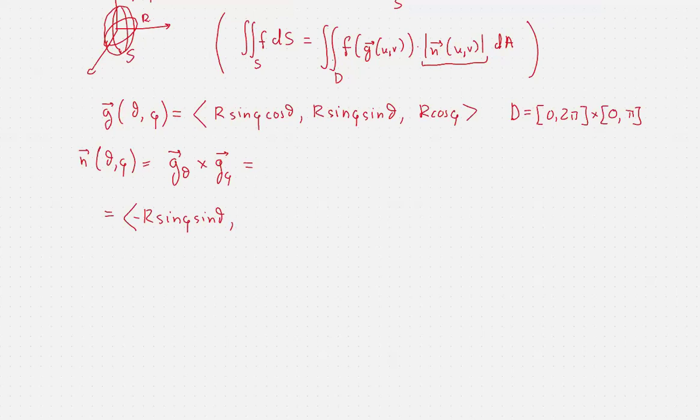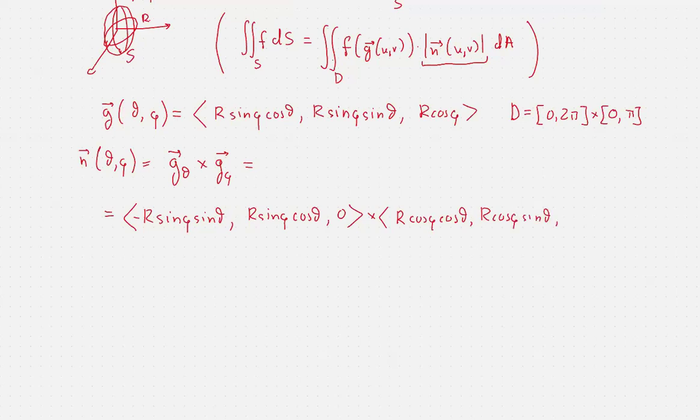And then I'm going to put 0 because the last component doesn't have any explicit occurrence of theta. And we're going to cross this with the partial derivative with respect to phi. So here we will have r cosine phi cosine theta, r cosine phi sine theta, and negative r sine phi.